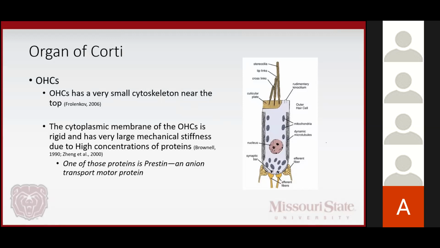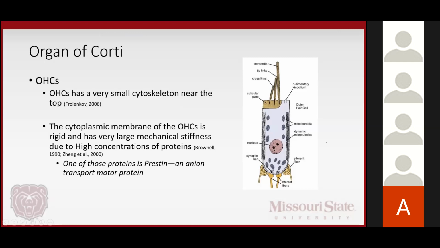Now, one of the proteins that is present within the cytoplasmic membrane is the protein prestin, which was described back in 2000 by Dallos and his group, in the study with Zheng et al.